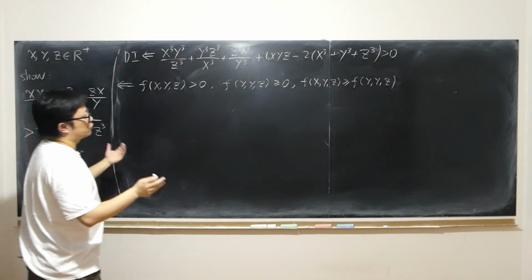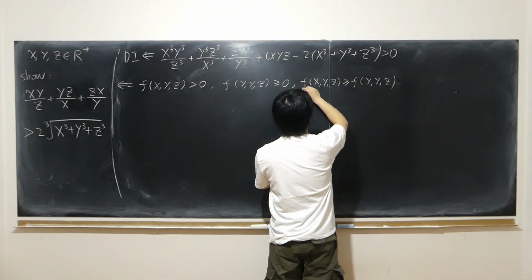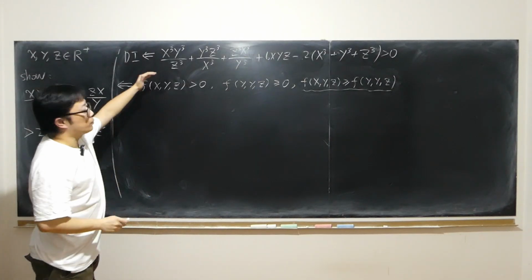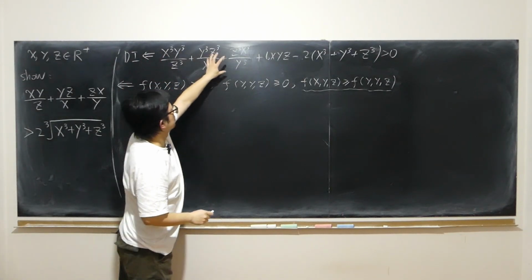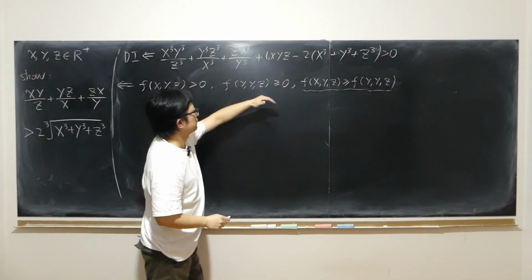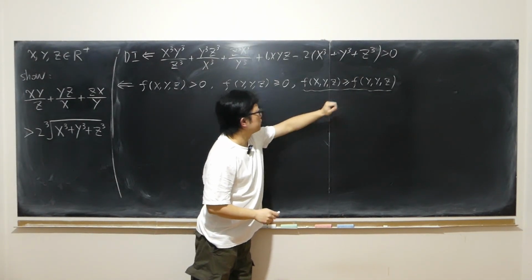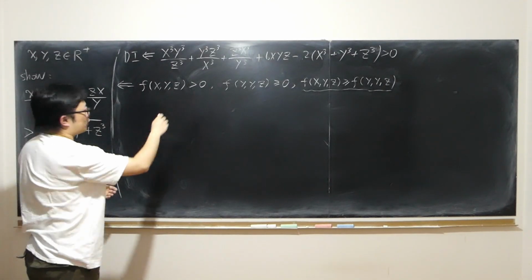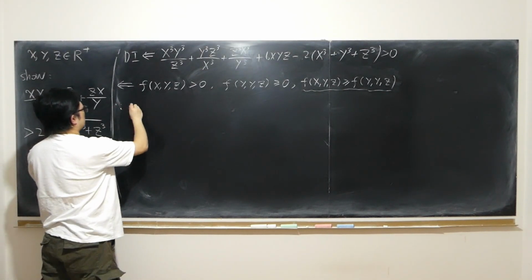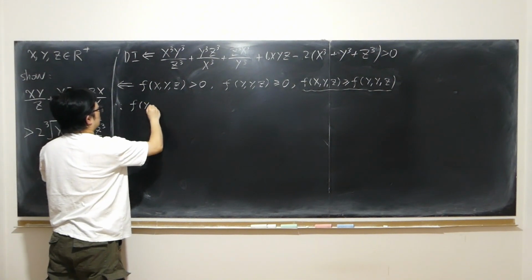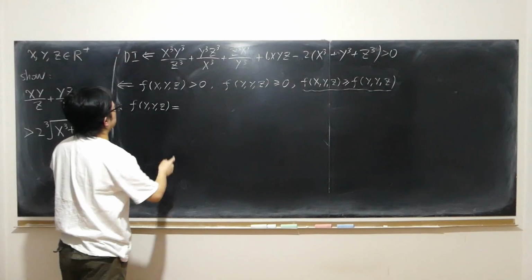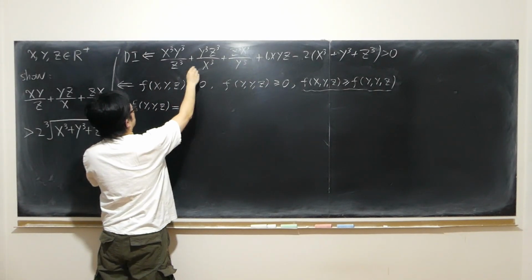So first of all, I'll prove this inequality, because it's almost impossible for us to show this inequality directly. So I'm using this as a bridge, as an intermediate. First of all, what is f of y, y, z? Simply replace x with y whenever there is x.